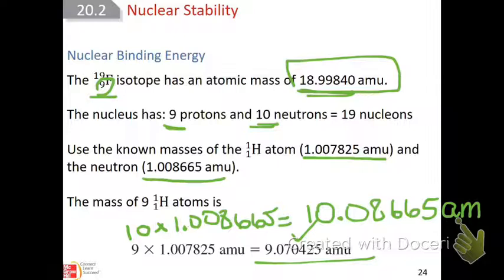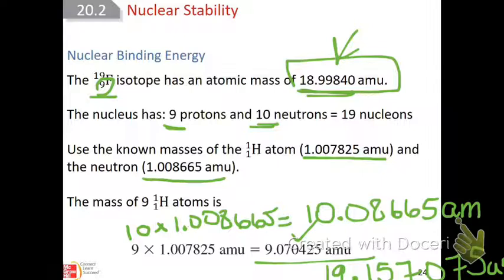It should be 19.157075 AMU. But here's the actual mass right here, 18.99.